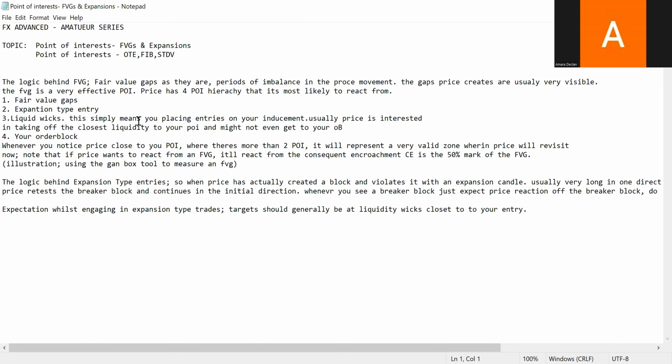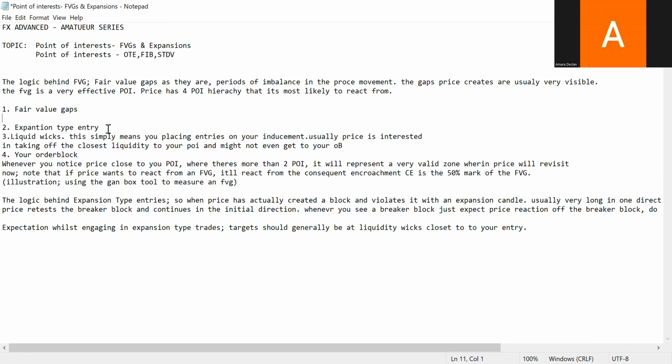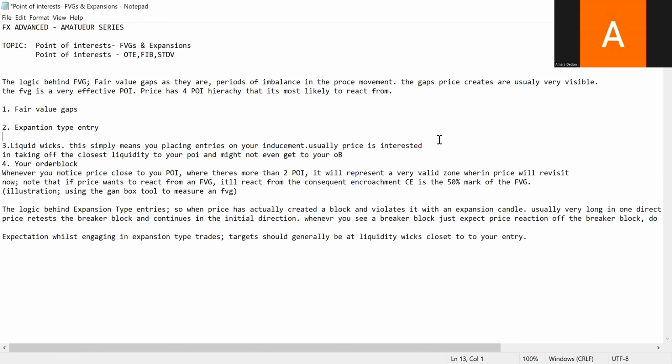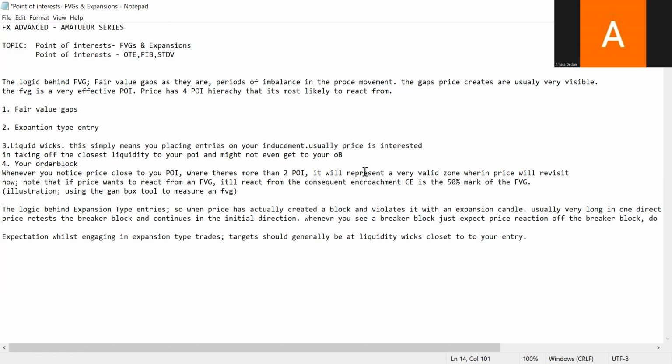Right. So what's the logic behind fair value gaps? Basically, in the market, price usually moves up and down, but ultimately it is moving in one direction. Okay, so there might be an up and down movement, but ultimately price will end up achieving an objective.